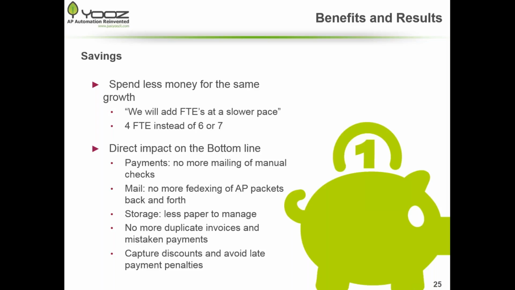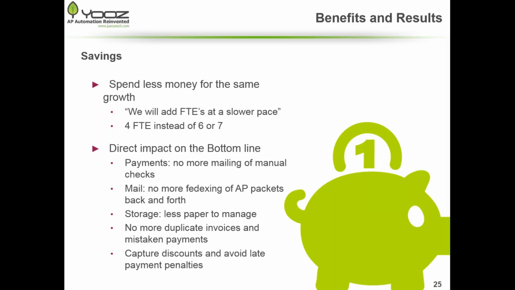Mailing, so no more sending all the invoices to head office from the multiple sites, or sending them back and forth for multiple approvers. Less paper to manage, so all the documents are stored in the system. No more duplicate and mistaken payments, so Use doesn't enable you to process the same invoice twice. So duplicates are detected in the system and you can't process a duplicate.